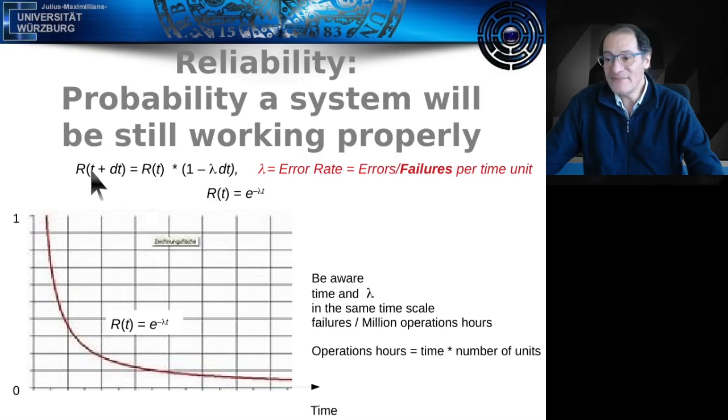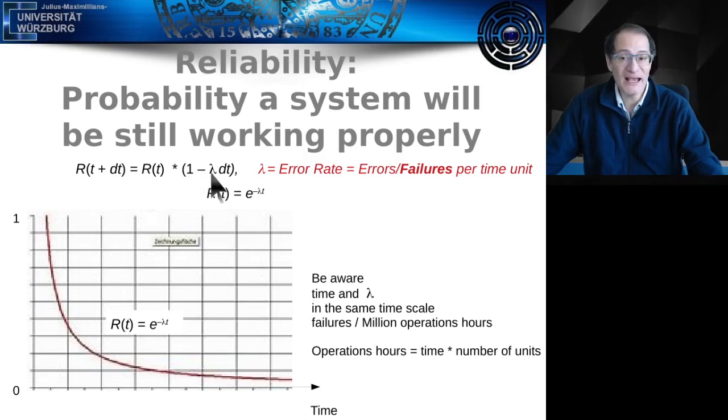From T, we say at time point T it was working. And now the question: will it continue working for a delta T, for this extra time? This is the probability it's working at this time, multiplied by the probability it will continue working by this time, and this is 1 minus the error rate.